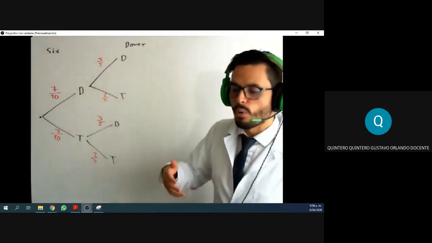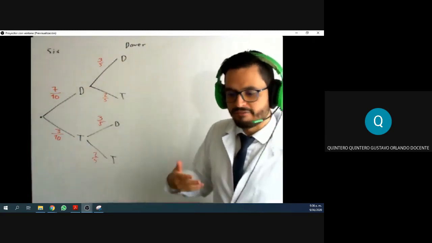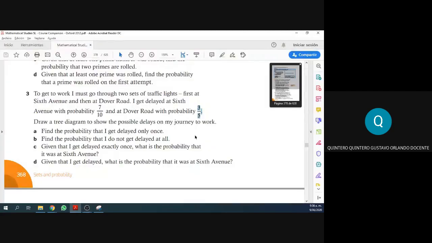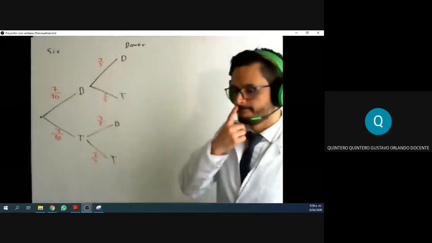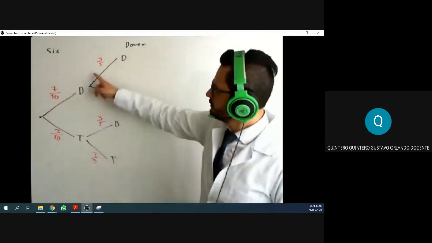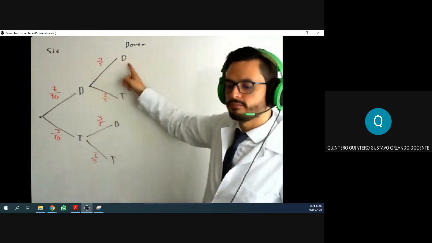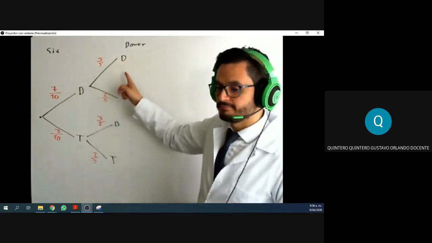Now that we have our tree diagram, we can find the probabilities. Let's look at the questions. The first one, find the probability that I get delayed only once. I can only get delayed once. So this option is not going to work because I get delayed twice.